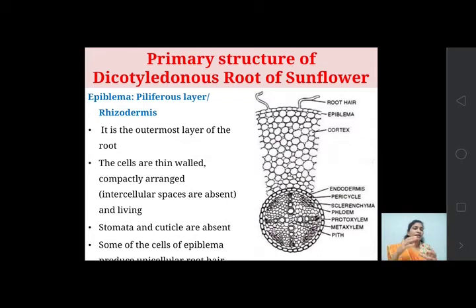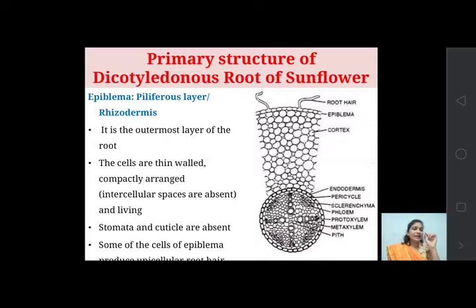Xylem contains the metaxylem and the protoxylem. Metaxylem is present towards the center, and the protoxylem towards the epidermal region. So the condition is exarch, and the vascular bundles are of radial type. The phloem and xylem are present in an alternate manner.